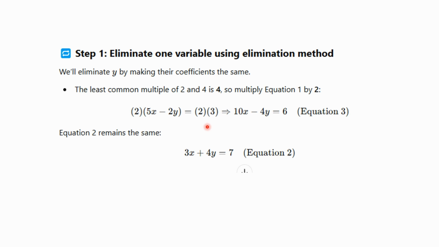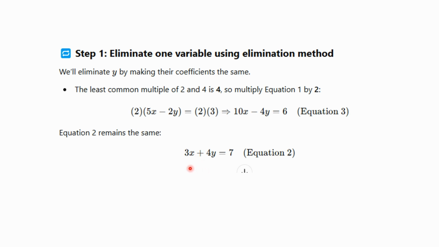what do we end up with here? We're going to end up with 10x minus 4y equals 6 because 2 times 3 is 6. So yes, if I multiply the top equation by 2, I would get 10x minus 4y is 6. Equation 2 would remain the same in this case, right?